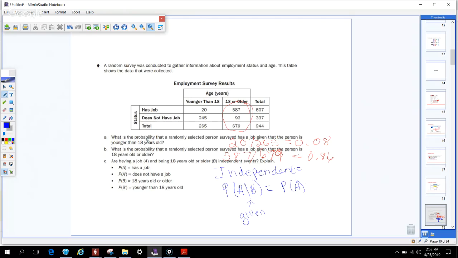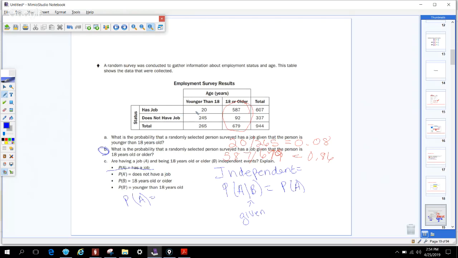So for example, for letter B, we said the probability that a person had a job given they were 18 or older was 0.86. So we have to figure out, okay, what's the probability of a person just having a job by itself?